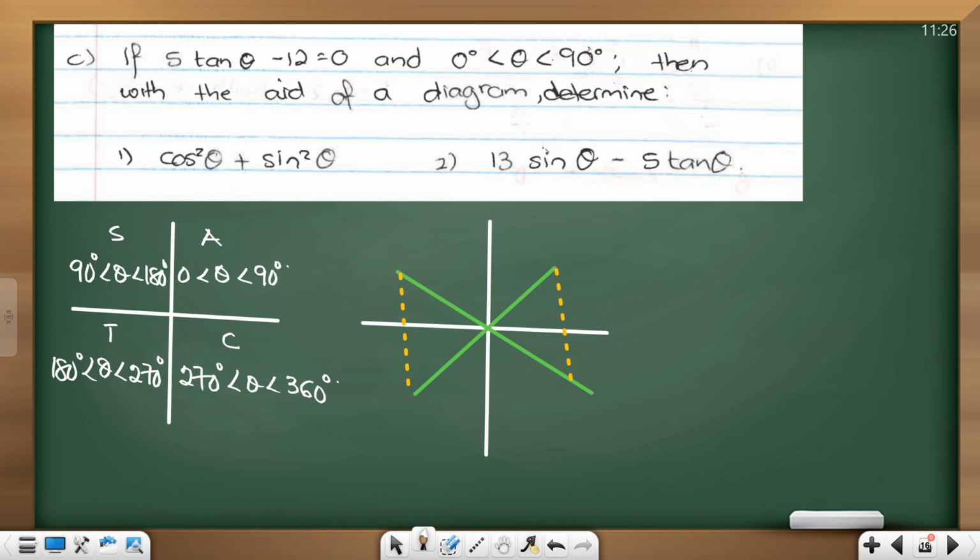All right? And each of these things actually forms what? A 90 degrees.